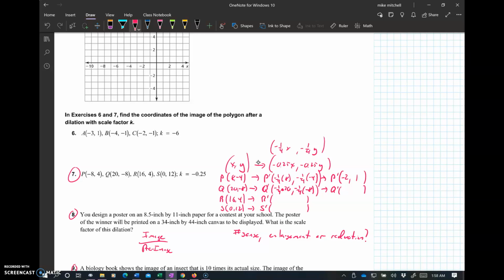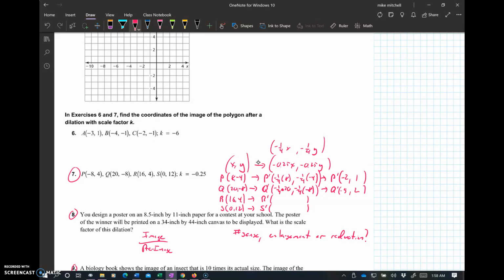Negative times negative is positive. -1/4 of 20 is -5. -1/4 of -8 is +2.